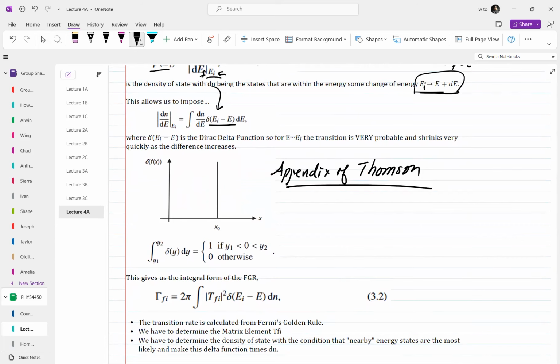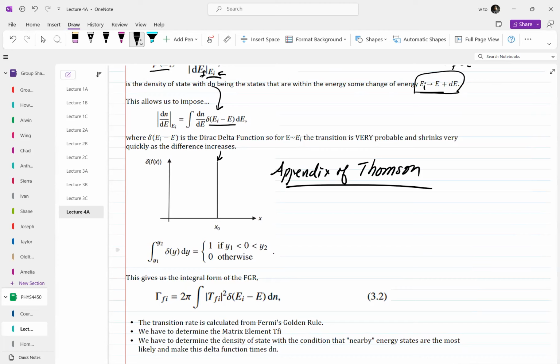The idea of a Dirac delta function is that it's a function that is zero everywhere except for a single infinitesimal point, where it's infinite. So this function actually makes no sense at all, but it allows us to do this math trick.